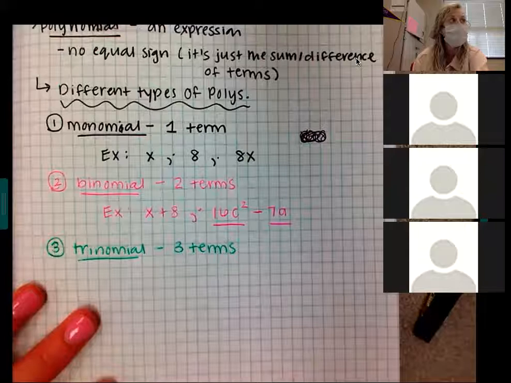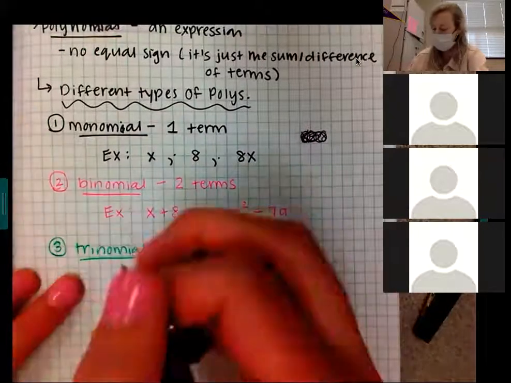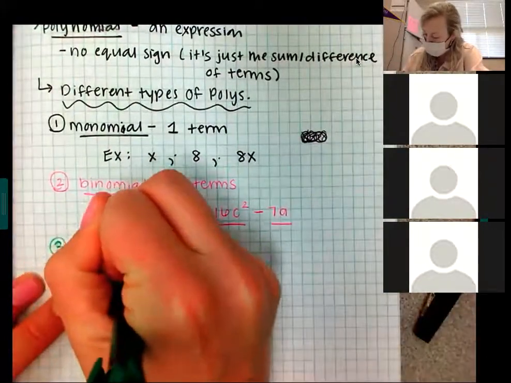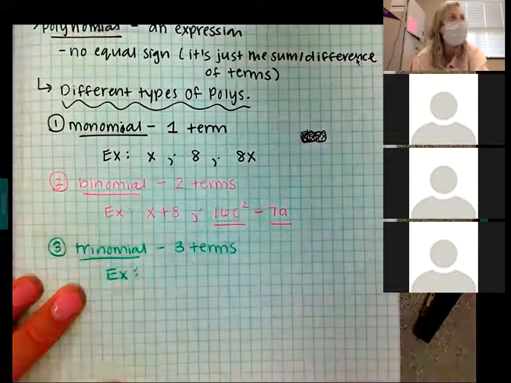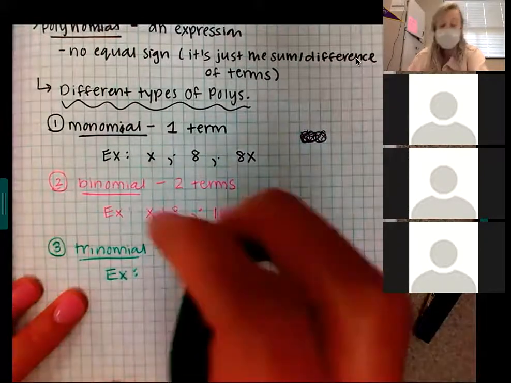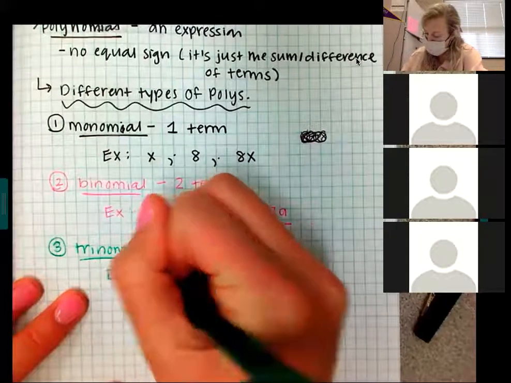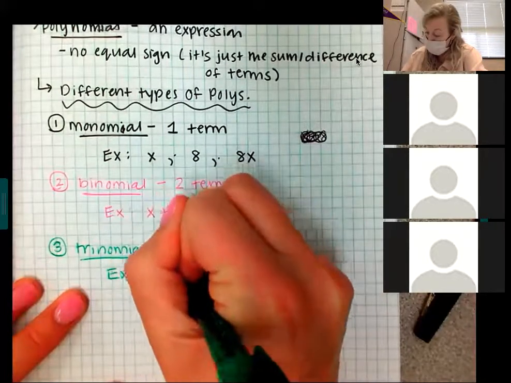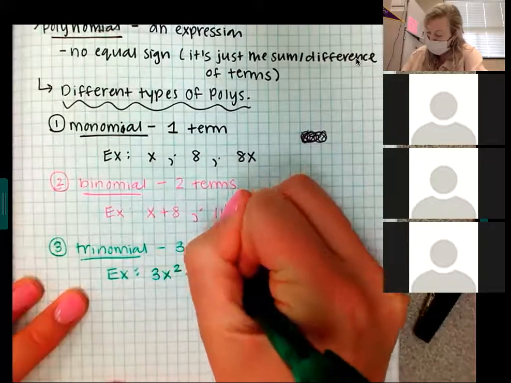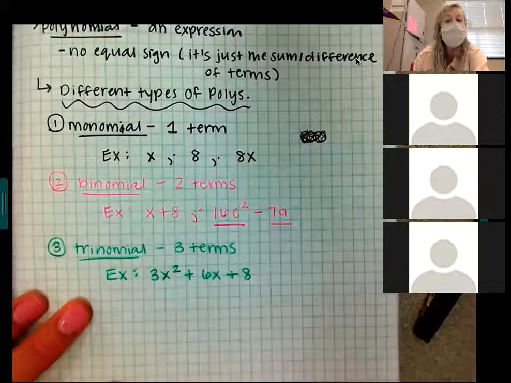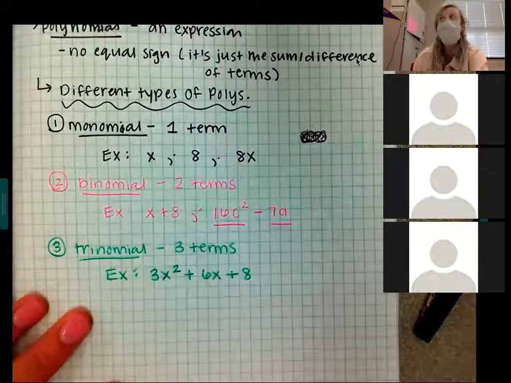Anybody want to try and give me an example for extra credit? Skylar, you got it, girl. What you got? 3 things added or subtracted together. Okay, I'm going to add on to what you said. I made the 3x squared. 3x squared plus 6x plus 8.